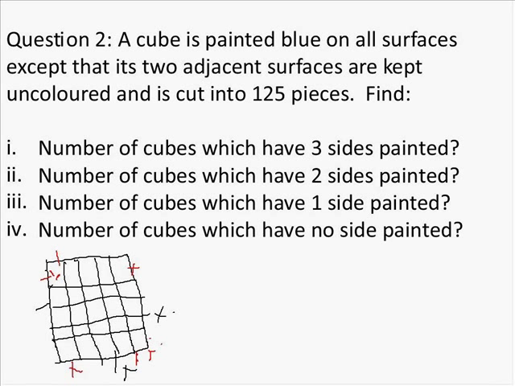So what happens? In the front slice, only one is painted on three sides. On the back side also only one. So the answer will become 2. In between slices, because there are no corners, no cube can be painted on three sides.